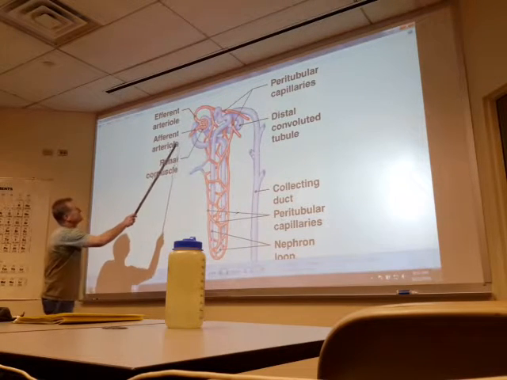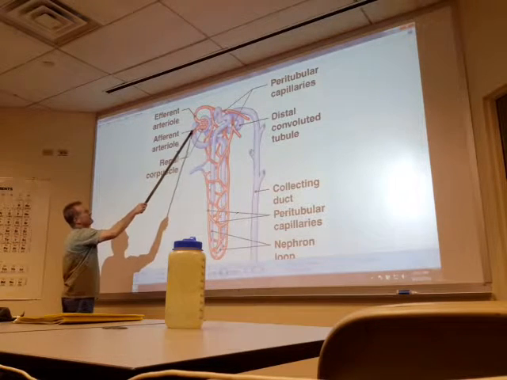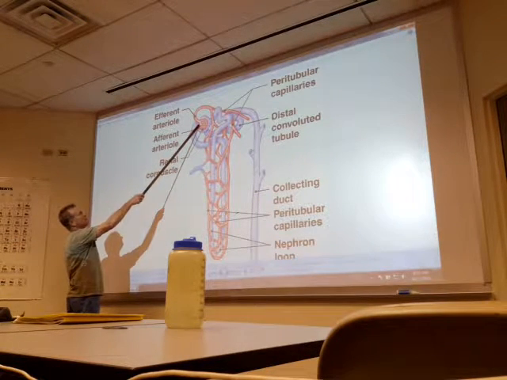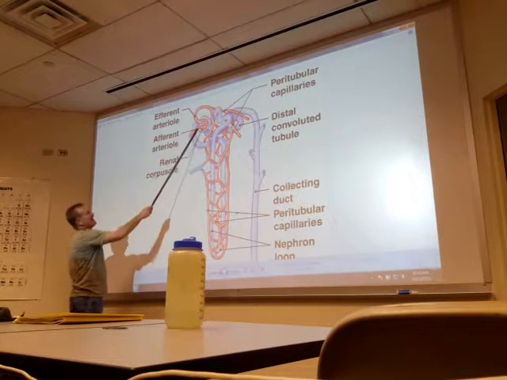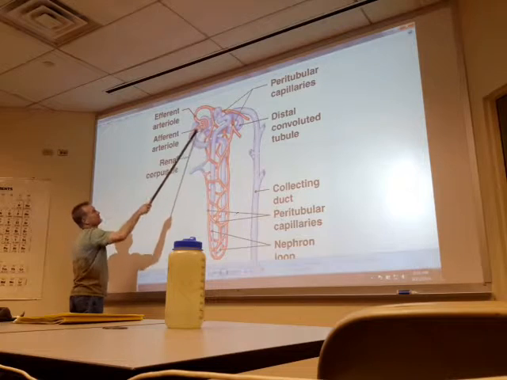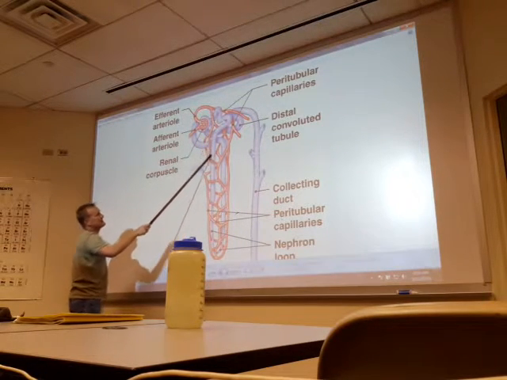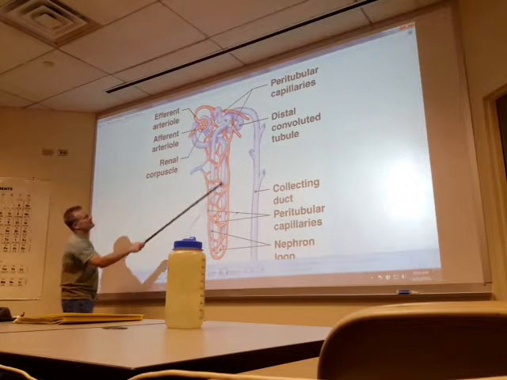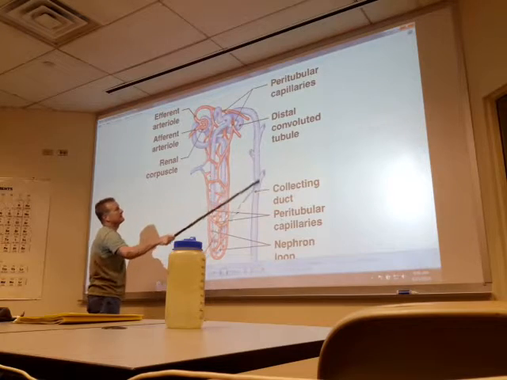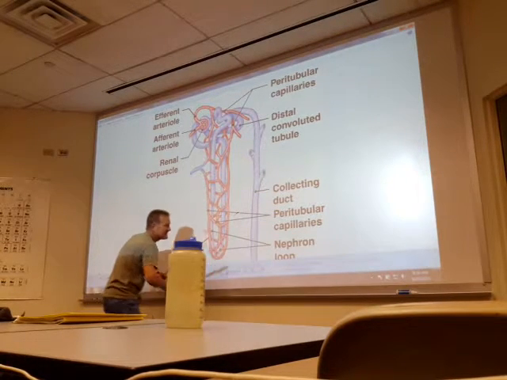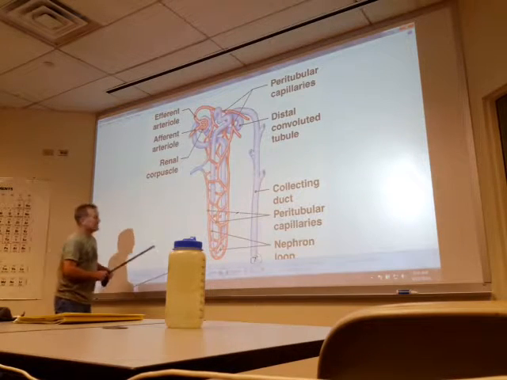So there's material in the blood, say glucose. It goes in. We want to keep the glucose so it comes out. How did it get out? Well, it moves from the renal corpuscle into the renal tubule. As the material travels through this renal tubule, if it stays in there, it goes to the toilet.